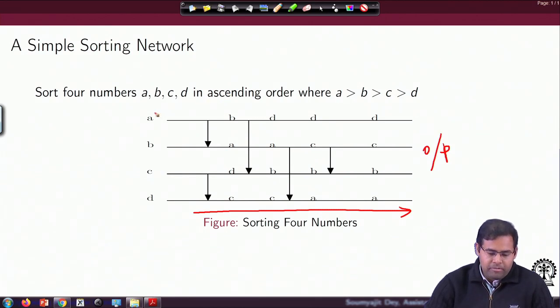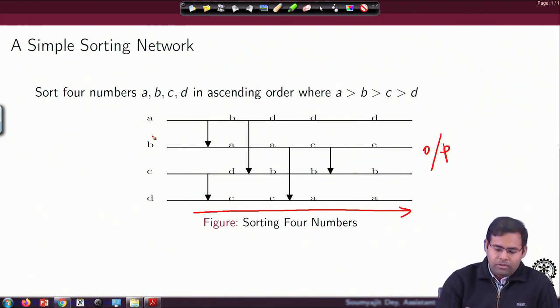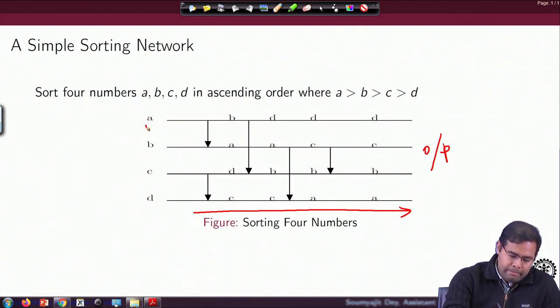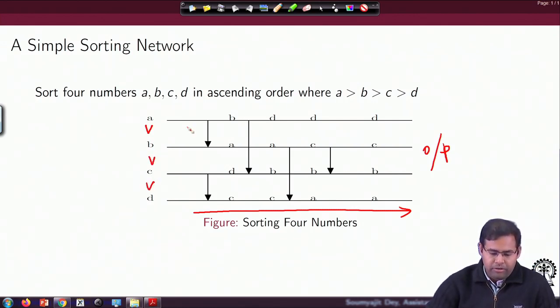So let's see what's happening. We have given A and B as input. Now since A is greater than B, A is going to flow down here, right? The max will follow the arrow. A comes here, B goes here. Similarly, C comes here, D goes here.